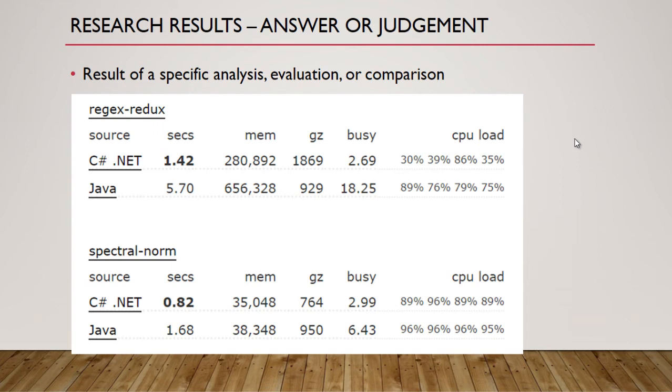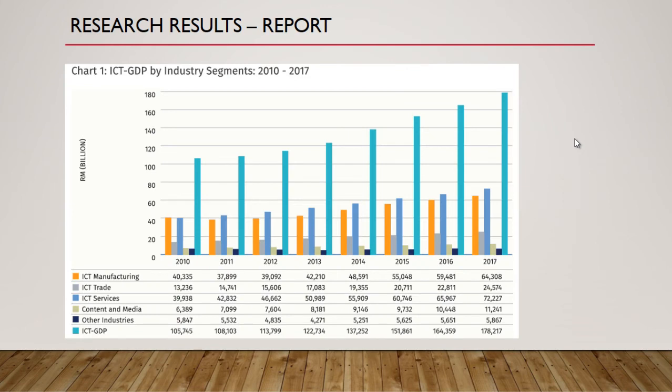Normally, when you do benchmarking, this is an answer or judgment. So we can see here that in terms of speed, C# is faster than Java in this particular benchmarking process.